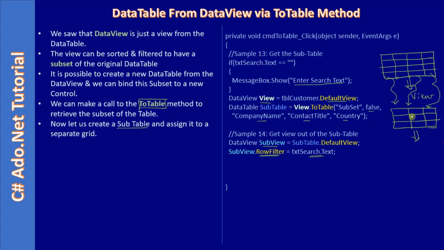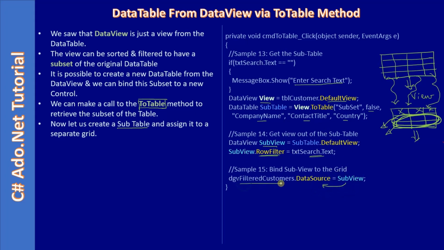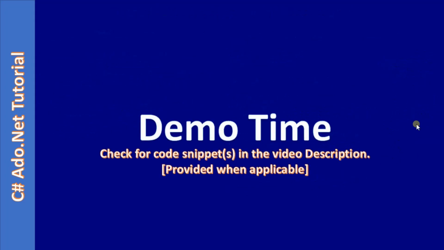Then using the row filter, based on the filter condition, we may pick specific rows. So if you see, these rows are skipped. That means finally we have the subview here, containing 3 columns and 2 rows. Finally, since we have the subview, we are giving that to the data source property of our second grid. Now let's go to the demo and see how this is working.